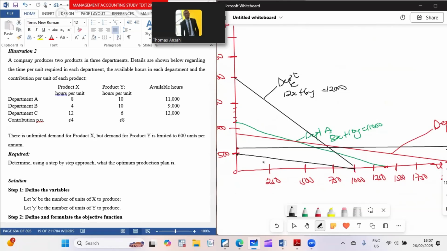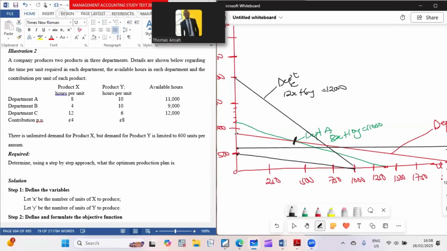Now this space, before then we had this space before, right? We had these spaces before. And that is the feasible area. Let me draw that one for you.